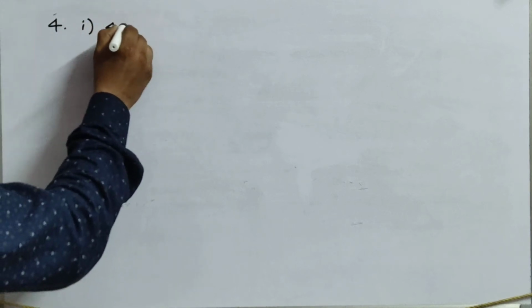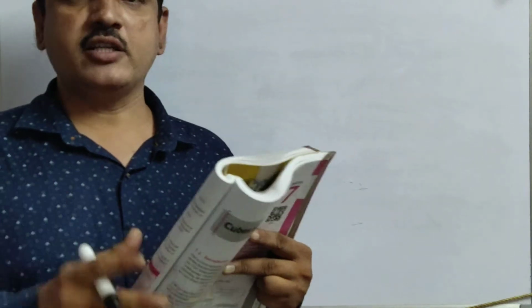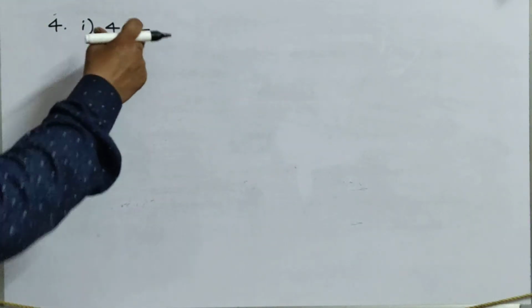Okay children. The first question is 402. What is the question actually? Find the least number which must be subtracted. That means from 402, how much you will subtract? You will get a perfect square.